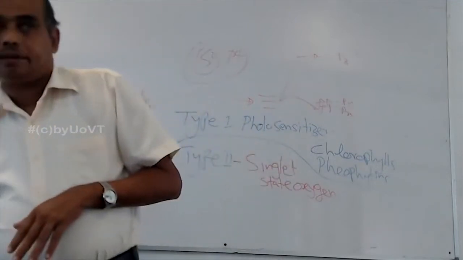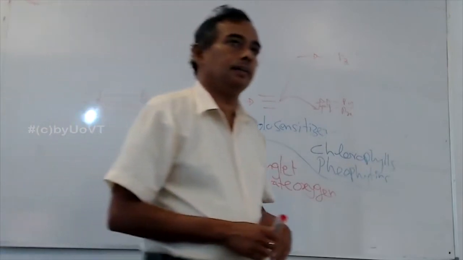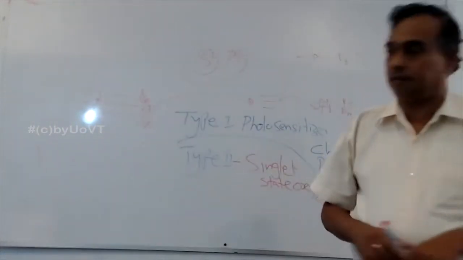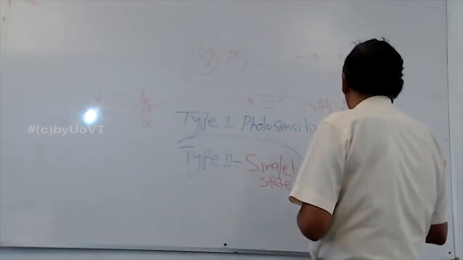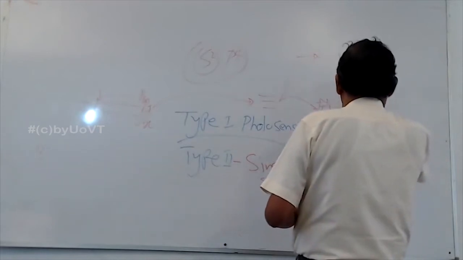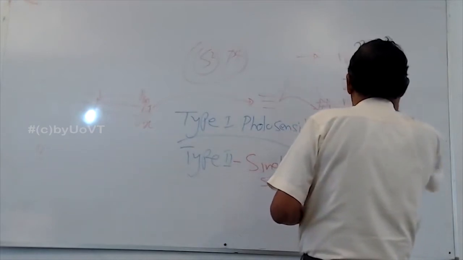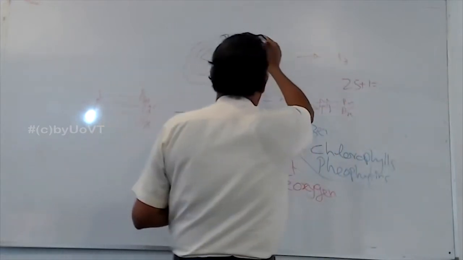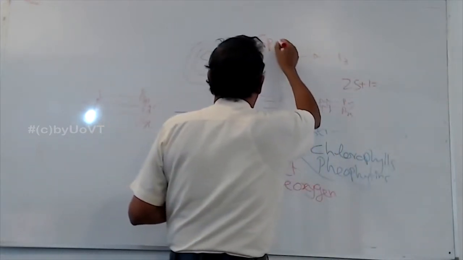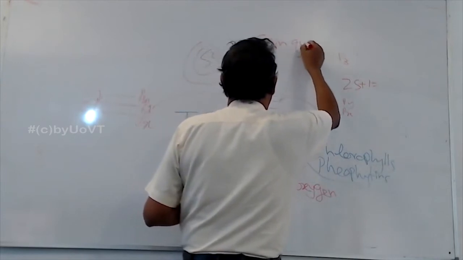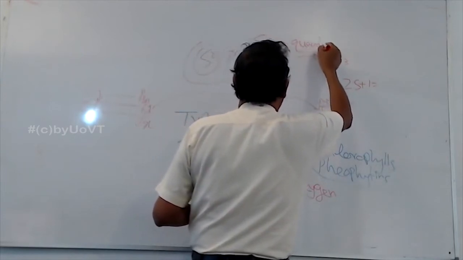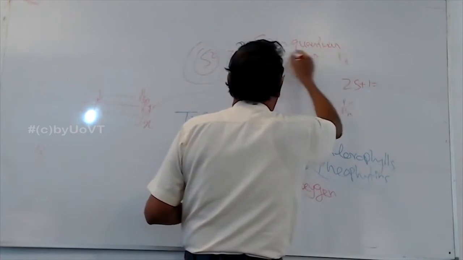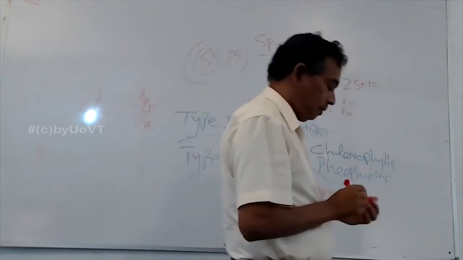In quantum mechanics, there is a simple equation, 2S plus 1, to determine the spin multiplicity.